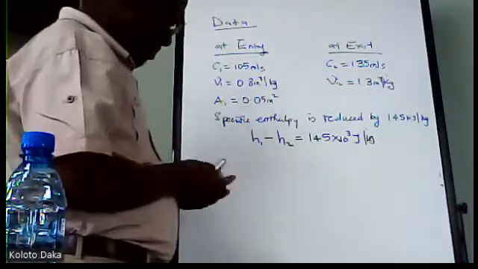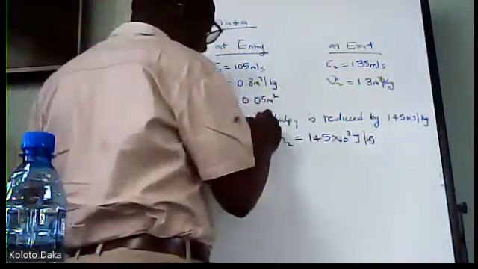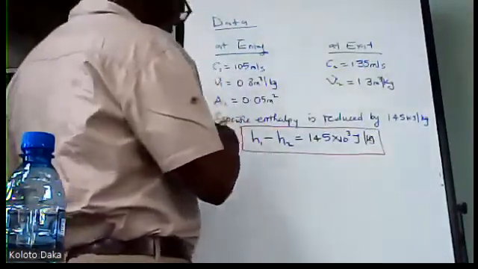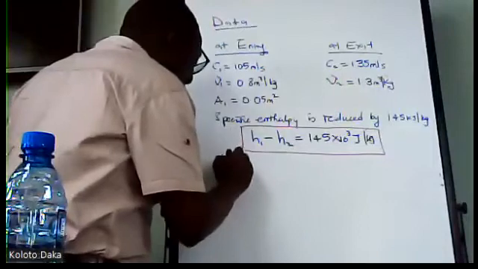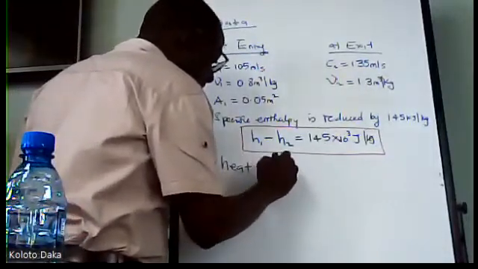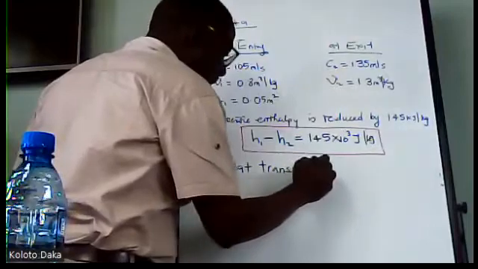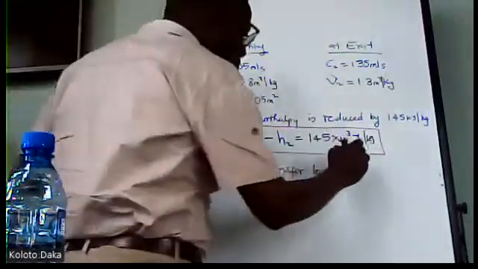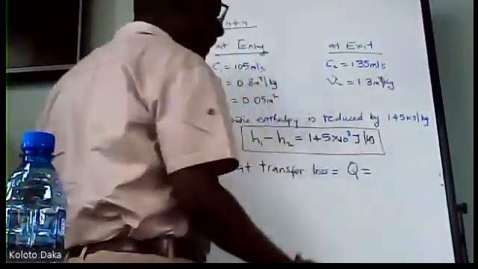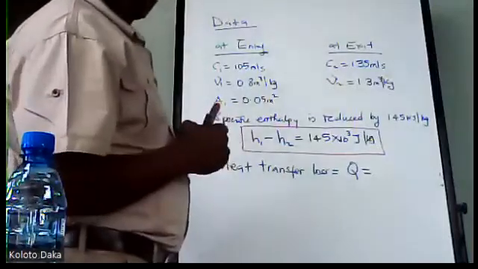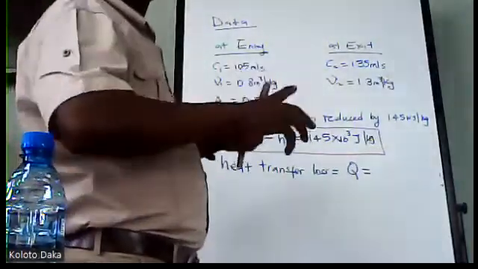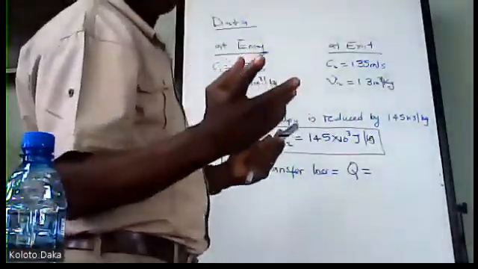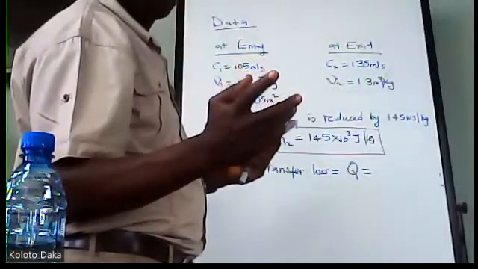And the air also has a heat transfer loss of 27 kilojoules per kg. So, heat transfer loss, meaning that Q has been rejected. If it is a loss, it means heat was lost from the system to the surrounding. Are we together?